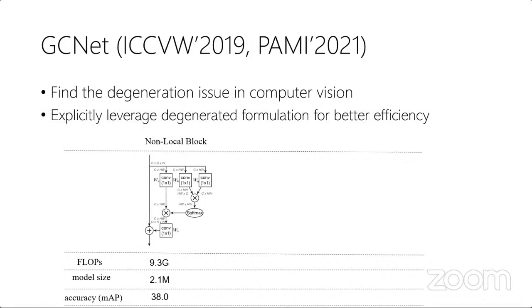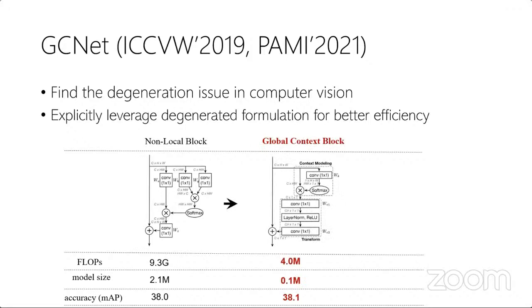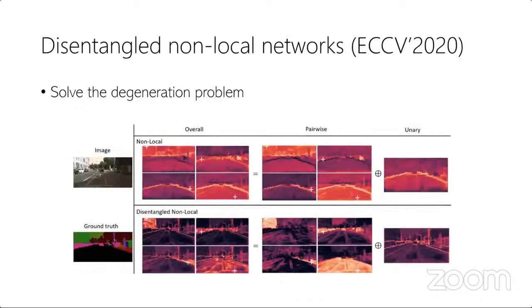Hence, we propose the GC block, which reduces computation by 2000 times and module size by 20 times compared to Non-local networks, where the accuracy is unchanged on COCO object detection. We further study the reason leading to this degeneration phenomenon and propose a disentangled self-attention module to address this issue.